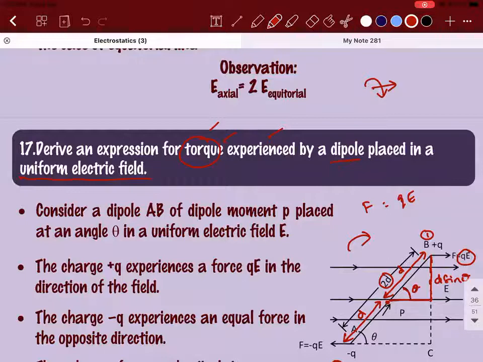Sir, can you repeat? From the first? Okay. When a dipole is placed in a non-uniform electric field, in addition to torque, it experiences force, which will put the dipole in a combined rotational plus translational motion.